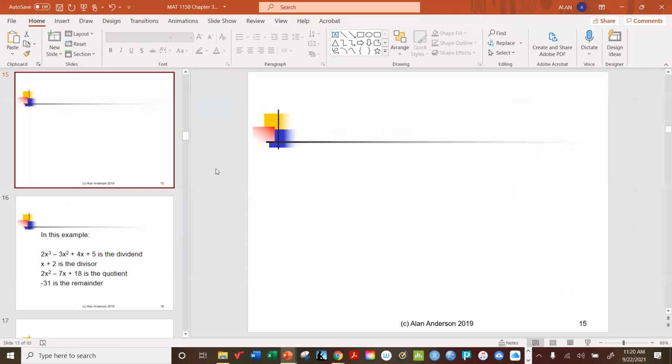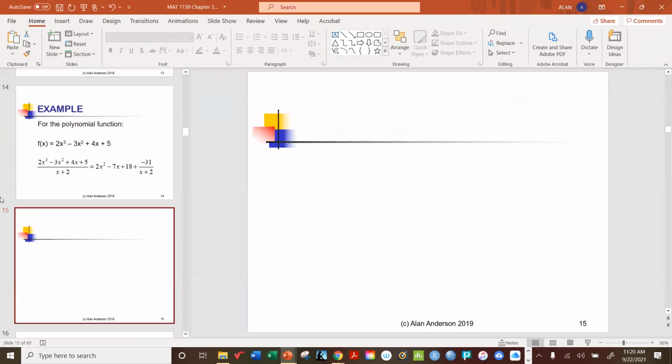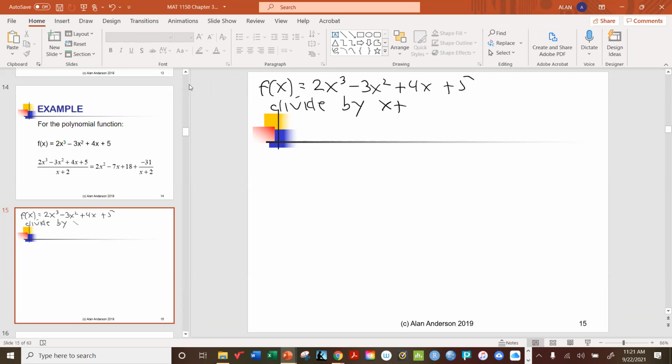Okay, so what we're doing is we're taking f of x is 2x cubed minus 3x squared plus 4x plus 5. And we're dividing it by x plus 2. So we're going to use the same setup.